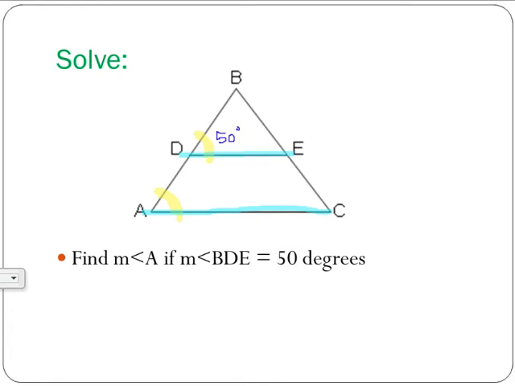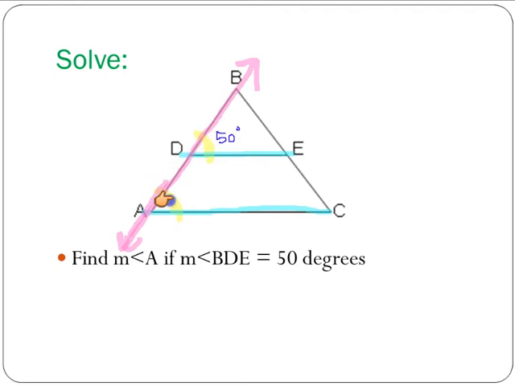We also have a transversal. This line here, AB, is a transversal. It's intersecting segments DE and AC if we continued those lines out. What type of angles are these two angles?